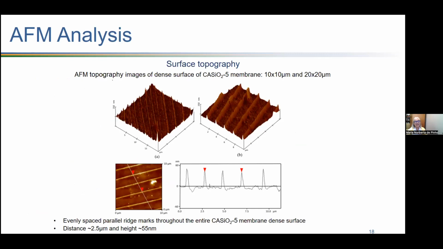Okay, and then the stripes that we saw in SEM are evident in AFM, and we have stripes with a height of 50 nanometers and a spacing of 2.5 micrometers.